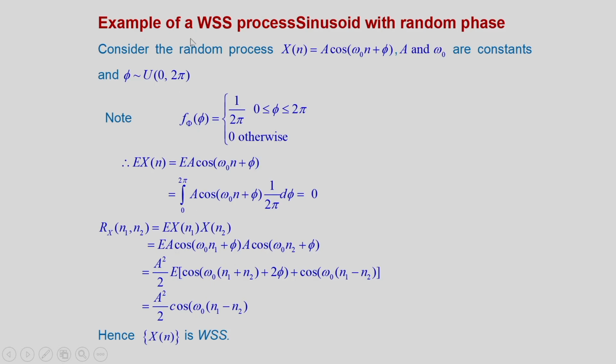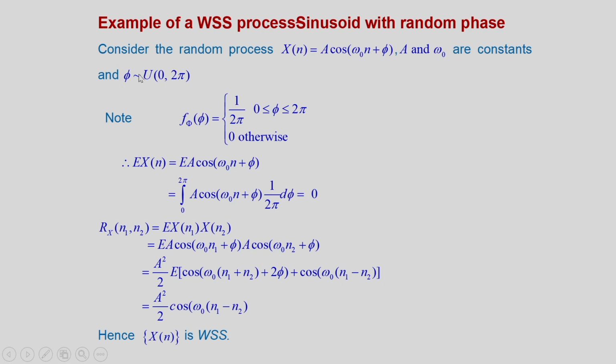We will give an example of a WSS process, that is a sinusoid with random phase. Consider this sinusoid, xn is equal to A cos(omega naught n plus phi). A and omega naught are deterministic constants. Suppose A is the amplitude and omega naught is the frequency, these are known, only phi is unknown.